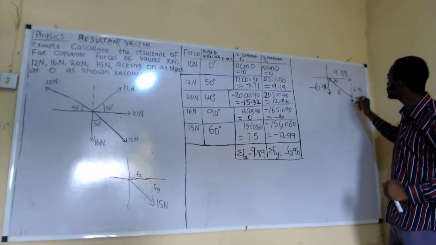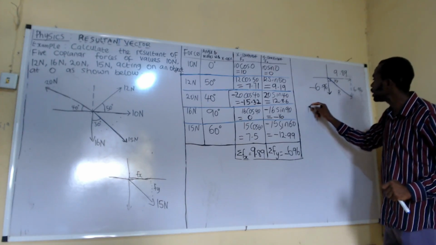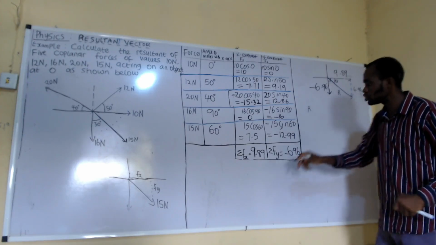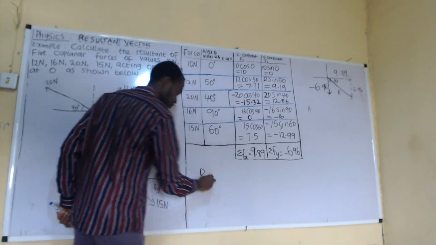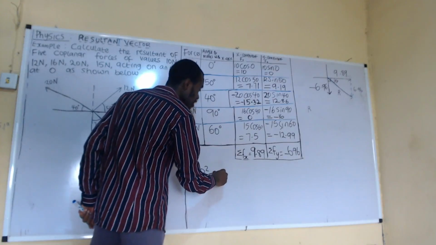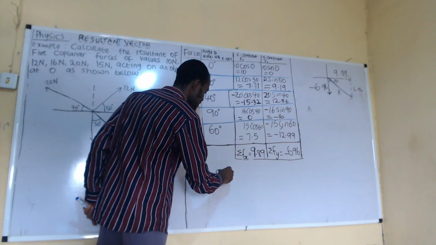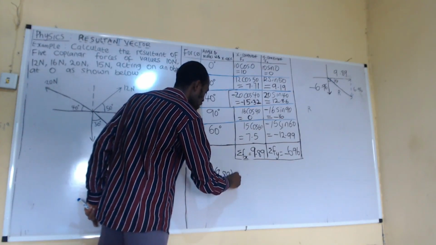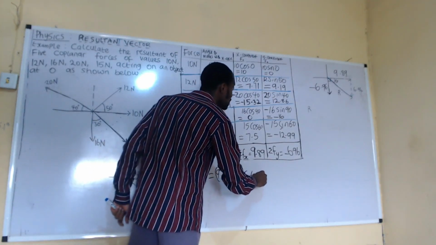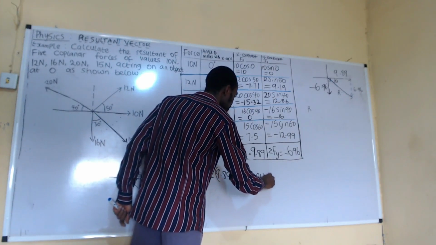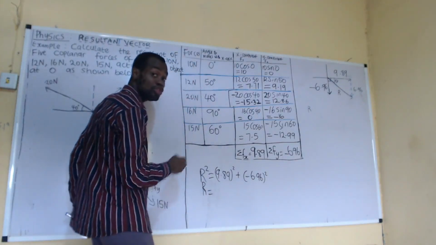Now this forms a right angle triangle. So we just use Pythagoras theorem, r squared is equal to 9.89 squared plus minus 6.96 squared. Now we are looking for r, not r squared.